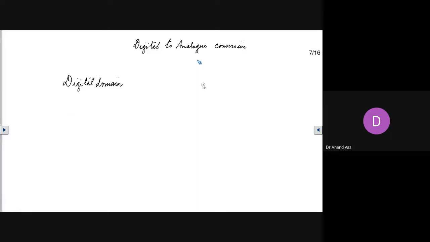And here we have the analog domain. Now, in the analog domain, we may have a continuous signal. There is no discrete state, no concept of just one fixed state. You can have a signal between 0 and 5 volts. You can have a changing signal between 0 to 5 volts.